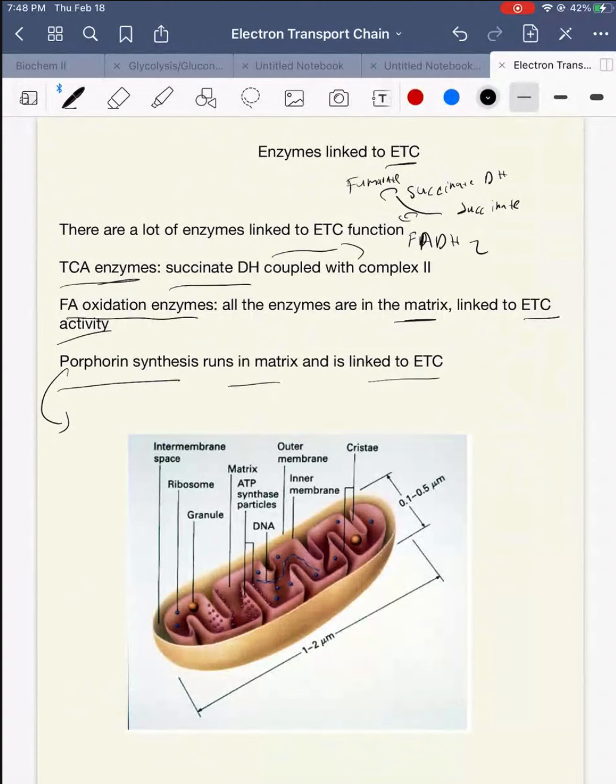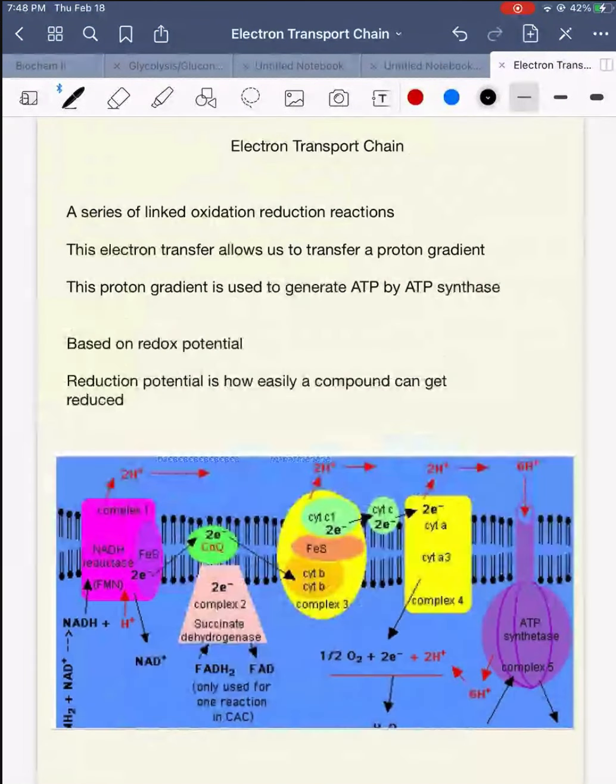It also occurs in the matrix, and it's linked to ETC. So you can see anything that has something to do with the matrix will probably be linked to the electron transport chain.